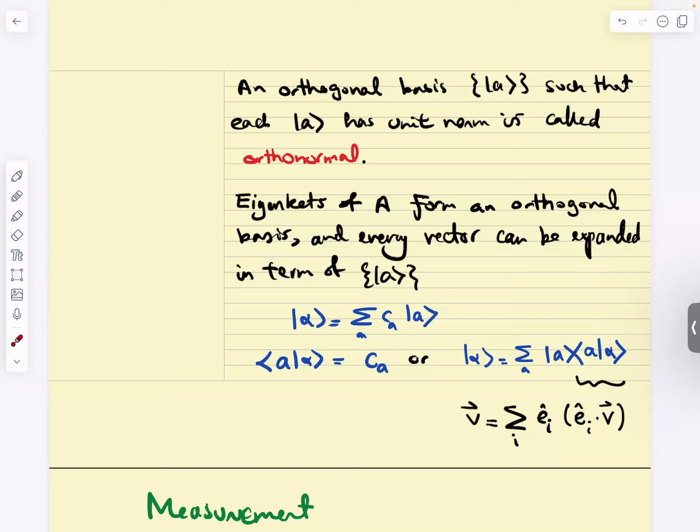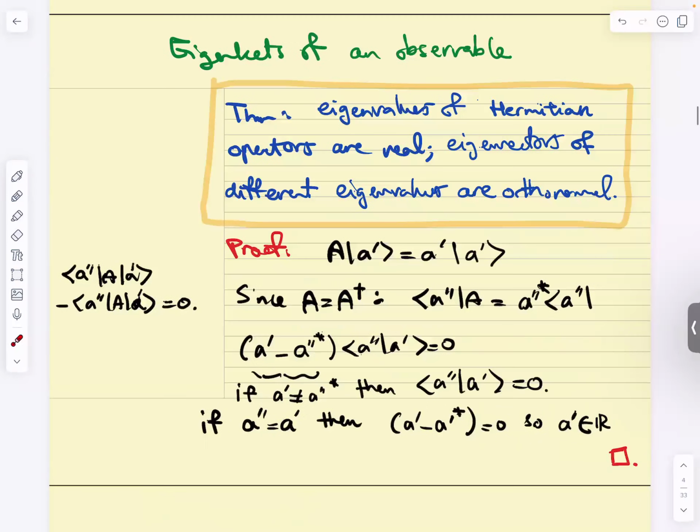Now, these guys. One second. Do you mind scrolling up just the proof for 1 second? That last line, why isn't it if A double prime star equals A prime? Oh no, sorry. You see, I'm using A prime and A double prime as eigenvalues that are defined with respect to the ket.